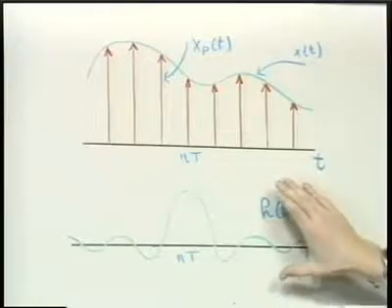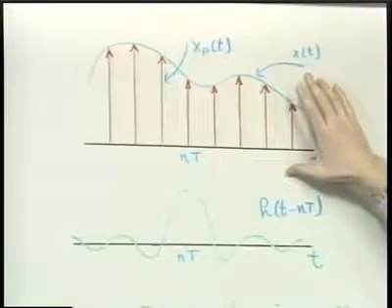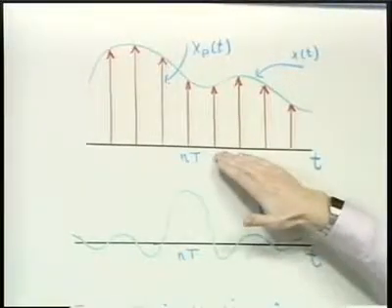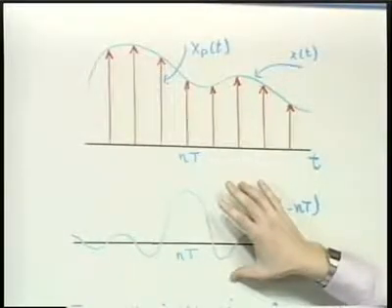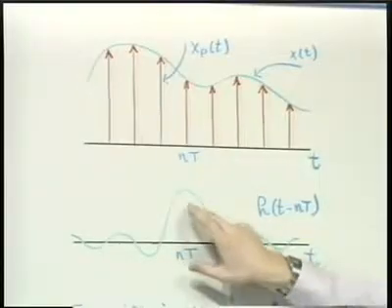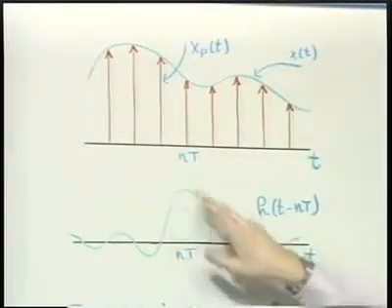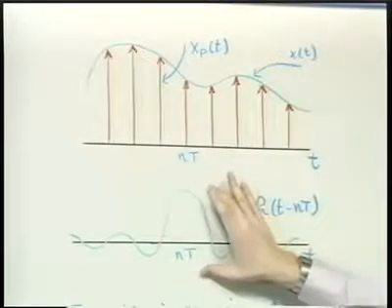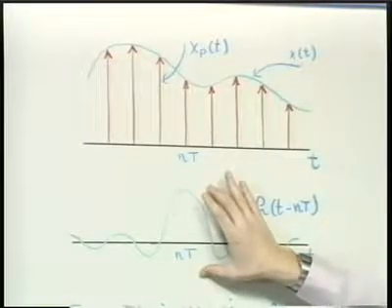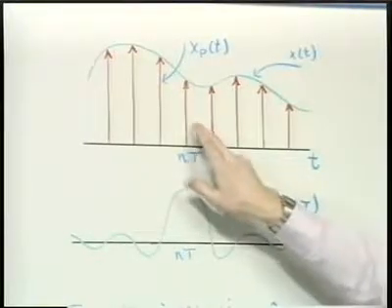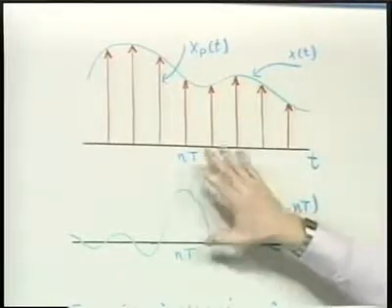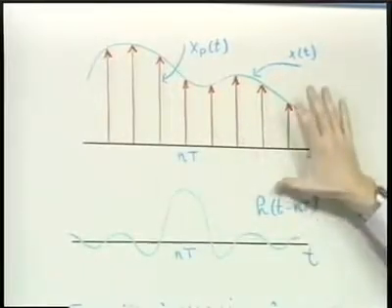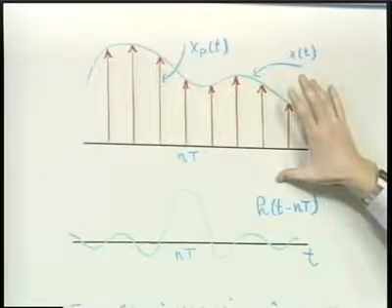In the reconstruction, the convolution of these impulses with this impulse response means that we superimpose one of these impulse responses, whatever the filter impulse response happens to be, at each of these time instants. Those are added up, and that gives us the total reconstructed signal.